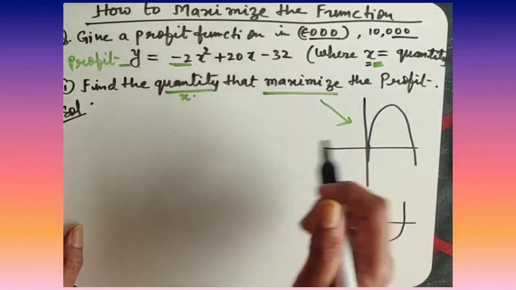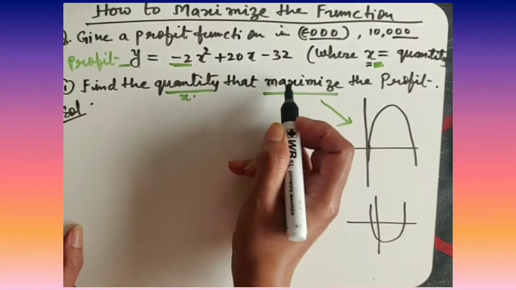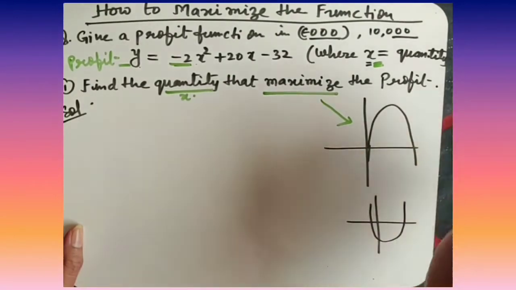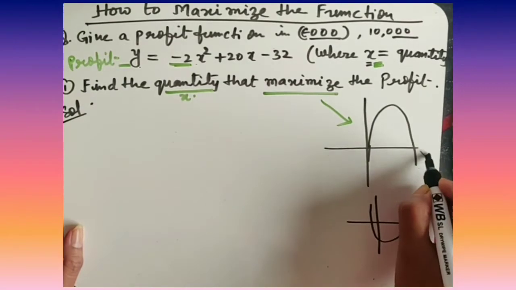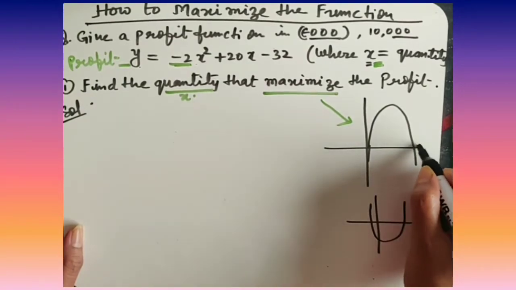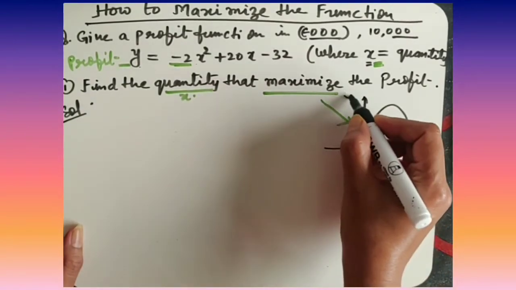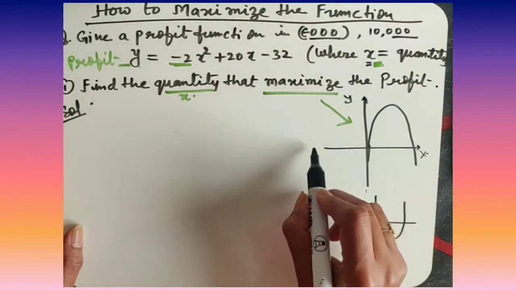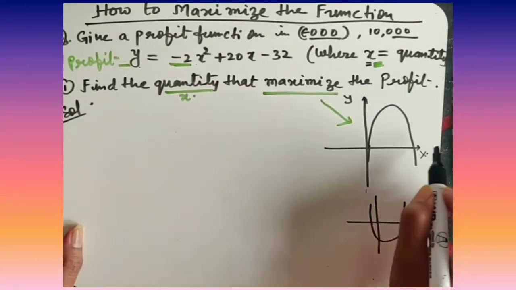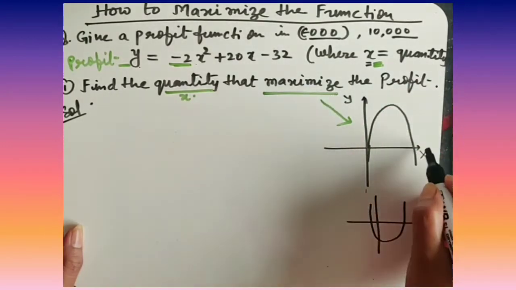So we need to find the quantity that maximizes the function. Where is the maximum value? This is x, the quantity, and this is y, the profit function. This is the profit line, and the x-axis represents the quantity line.